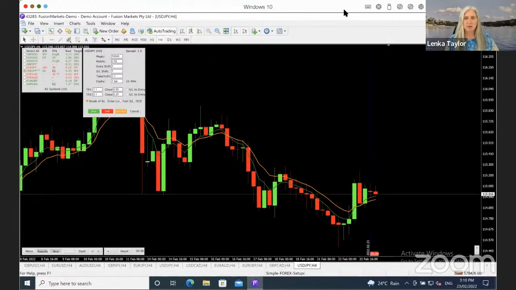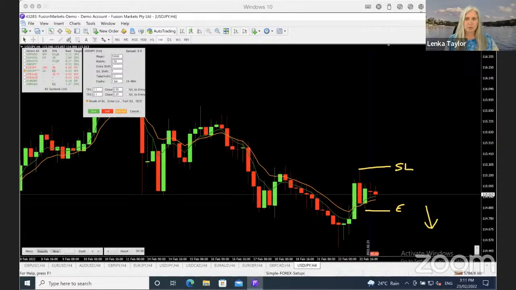Let's say on this that we're looking to go short. Okay, so what I would be doing is setting the trade to enter at this point under the green candle with, say, the stop loss above there and going short. Okay, so this is an example. Let's say that I want to take that trade. Not that I will take the trade, I'll just show you how I would set it up for a short.